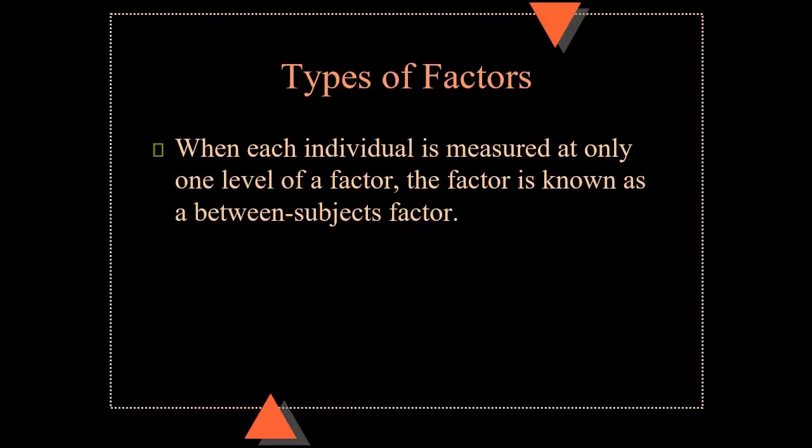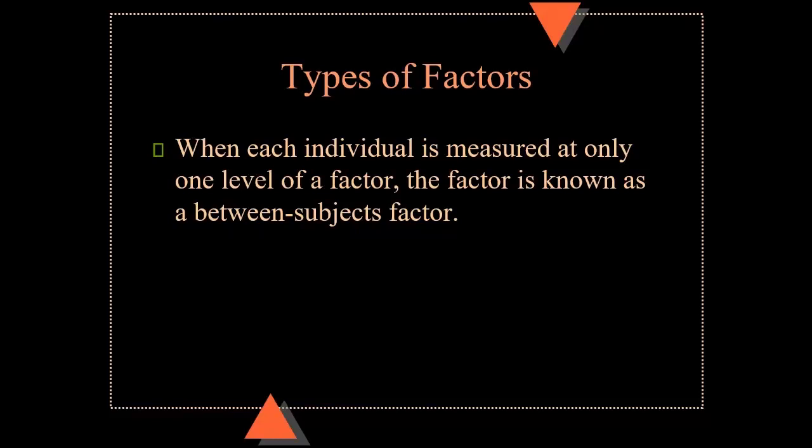If you think back to the work that you have been doing the last few weeks, when we looked at one factor analysis of variance, you were comparing counseling conditions. Every member of that study was in one and only one counseling condition. That is, each participant was only at one level of a factor.